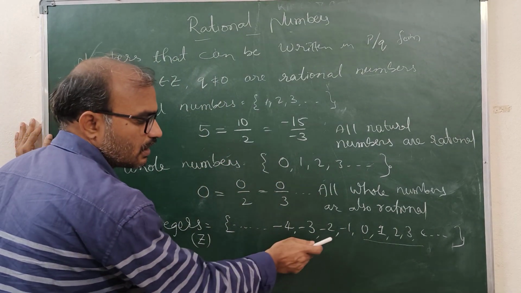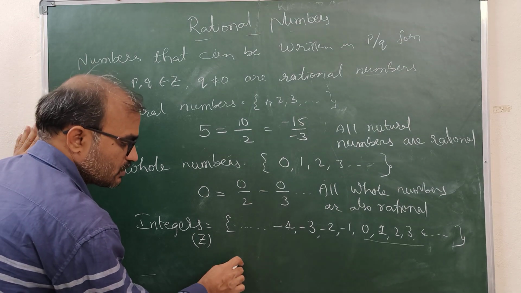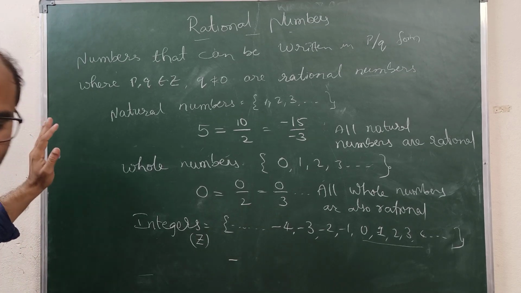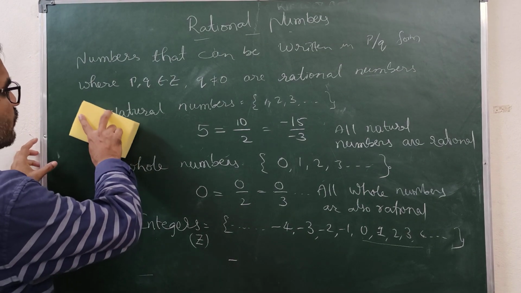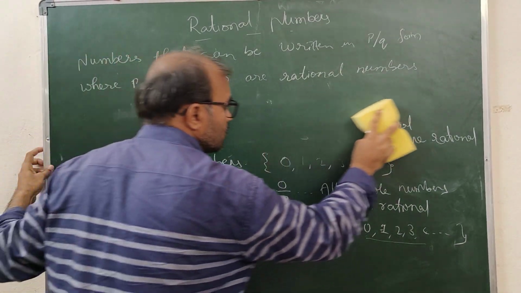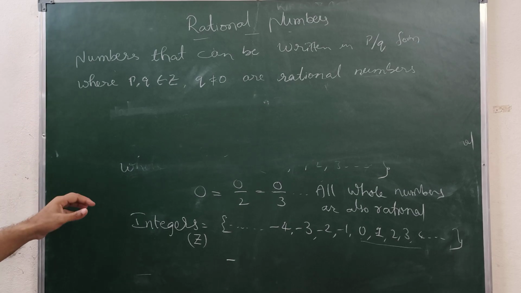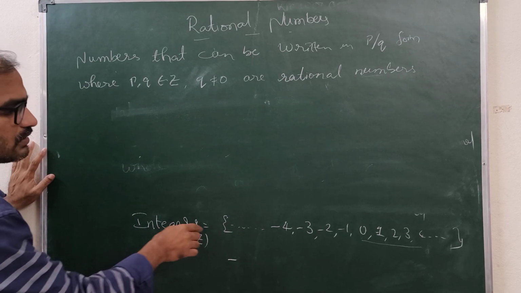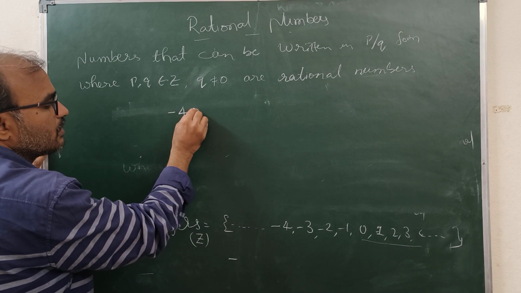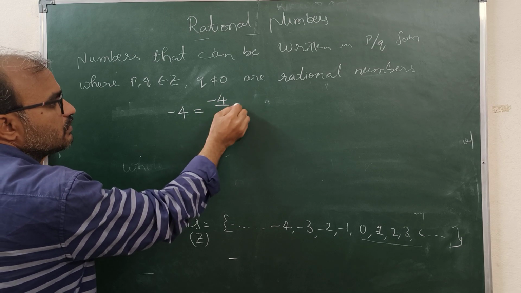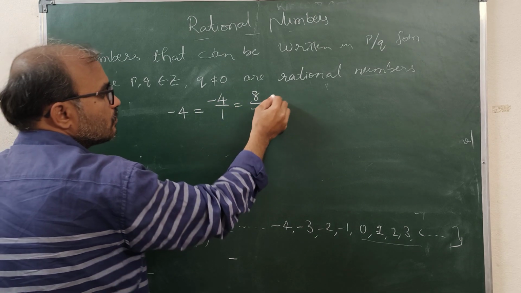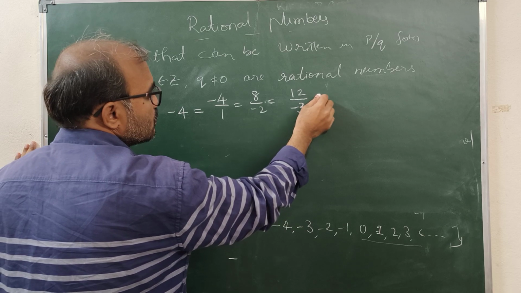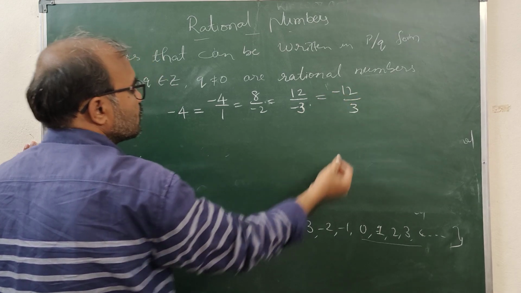In integers, there are extra negative numbers. Are we able to express those negative numbers in p by q form? Let us take minus 4. Minus 4 can be written as minus 4 by 1, 8 by minus 2, 12 by minus 3, or minus 12 by 3, right?